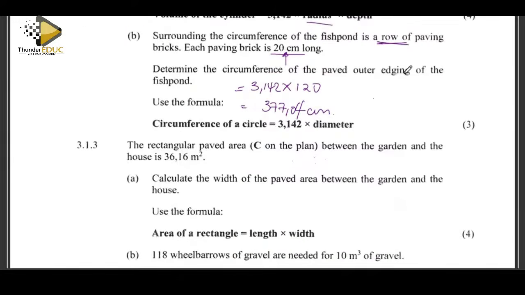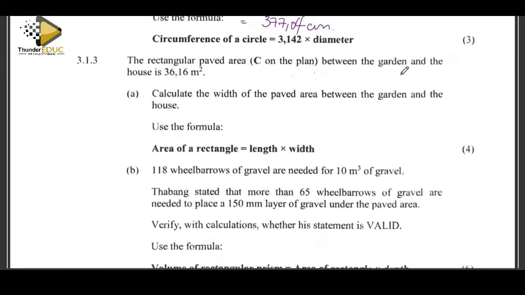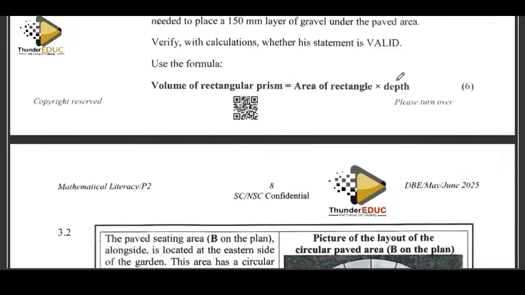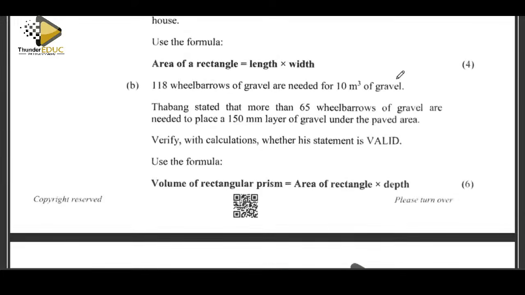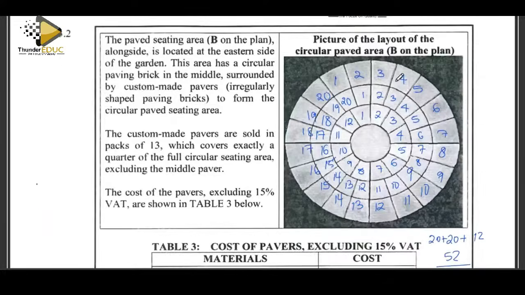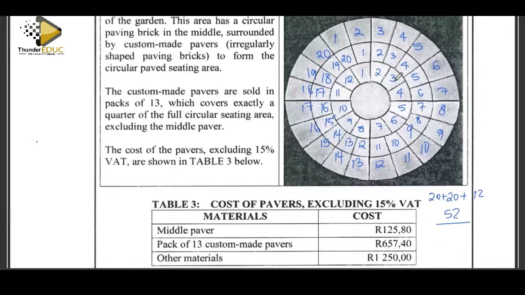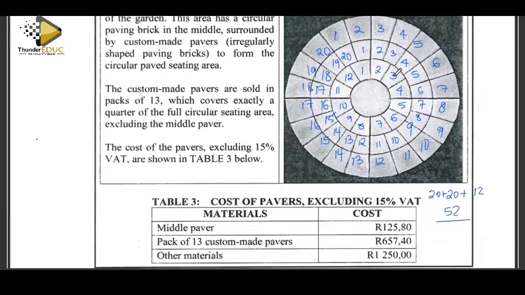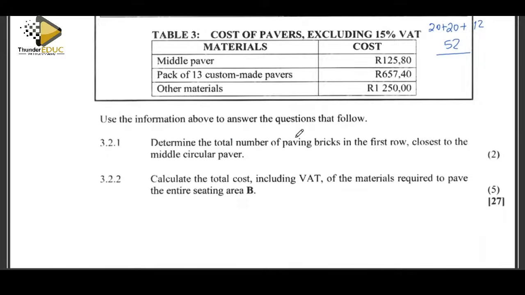All right, so we look at 3.1.3, which is saying a rectangular paved area C between the garden. Determine the total number of paving bricks in the first row closest to the middle.